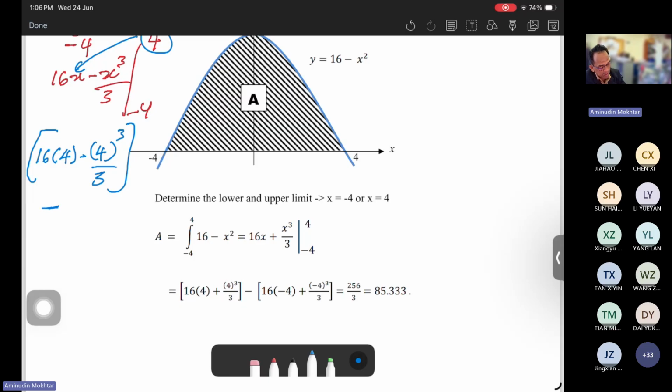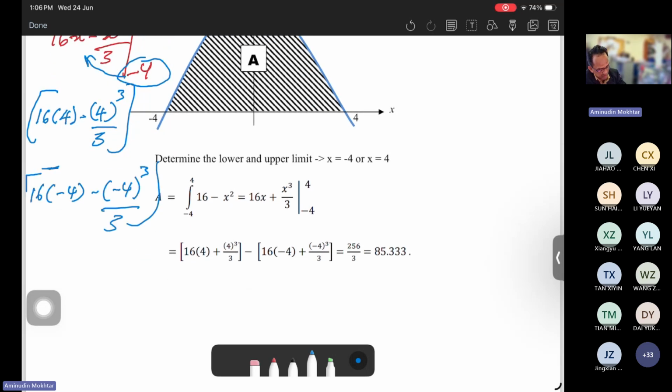Now substitute x equal -4 in the equation: minus 16 times -4 minus (-4) to the power of 3 divided by 3. And then we just take the difference. You can see the answer is 85.33 units. You can add the unit for the total area.